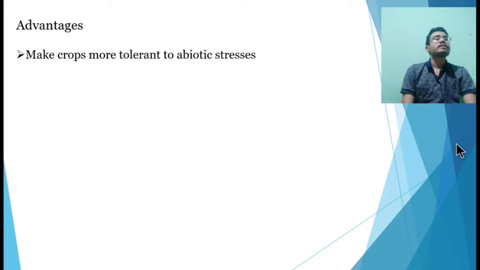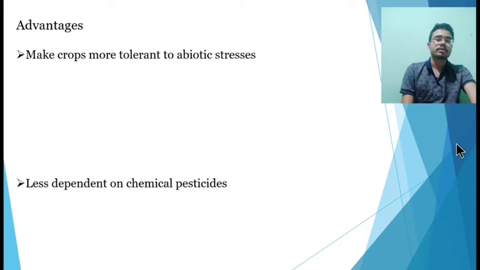Some abiotic stresses like cold, too much heat or drought may cause severe losses to crops. Now some stress resistant genes are introduced into the crops that make them tolerant to these abiotic stresses.